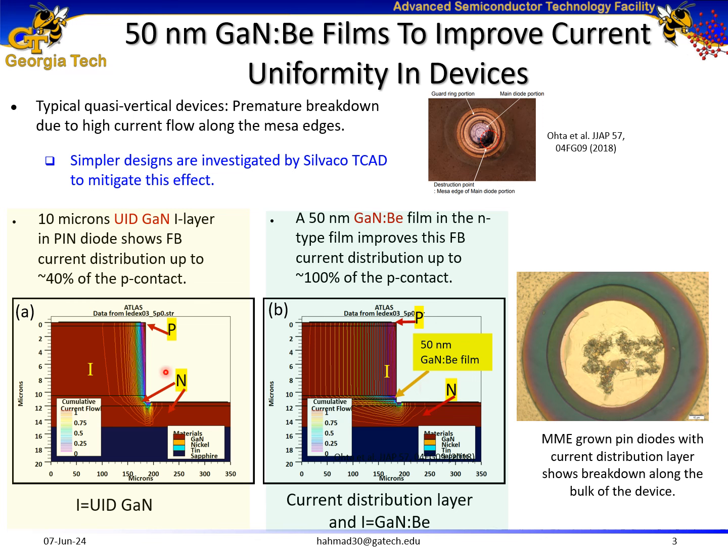As we can see, the current distribution improves from approximately 40% to 100% of the p-type contact of the device. And later I have shown in one of my devices that now the breakdown occurs across the bulk of the device and not along the mesa edge.